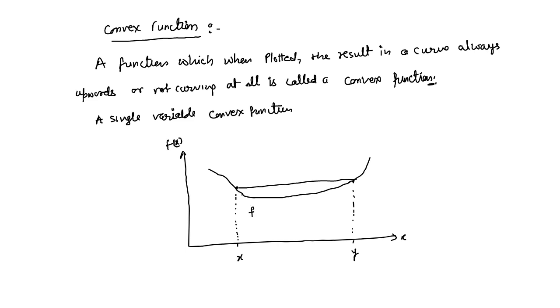Here the function f is defined at lambda x plus 1 minus lambda into y. And this shows that lambda into f(x) plus 1 minus lambda into f(y) represents this convex function.